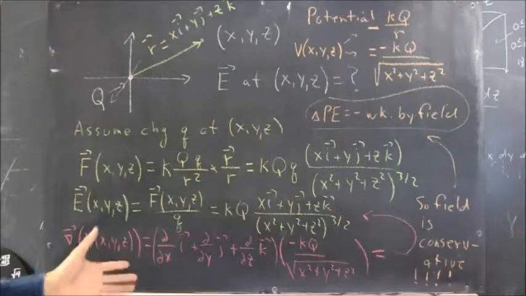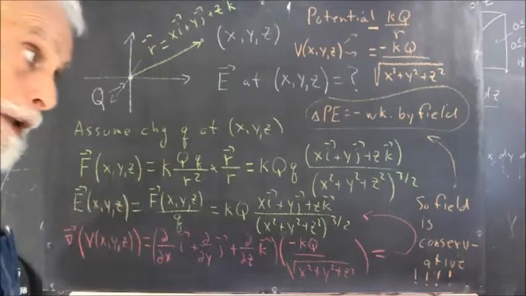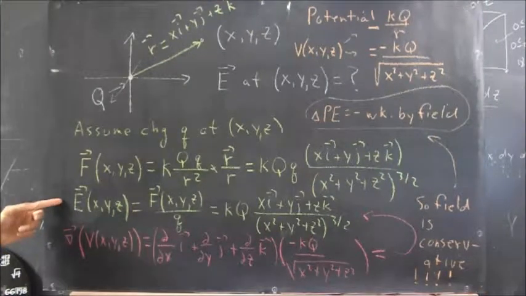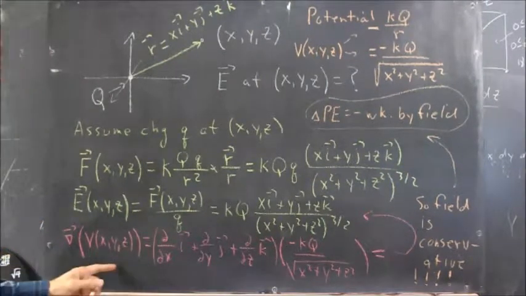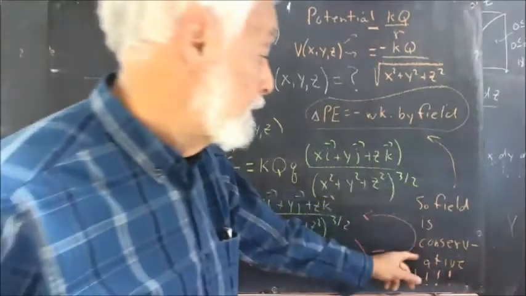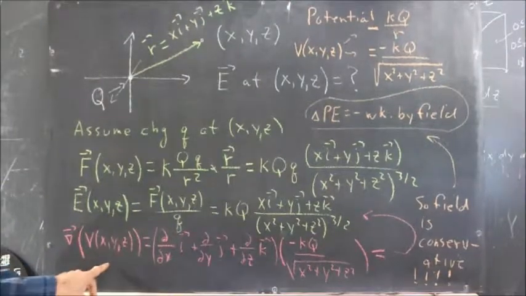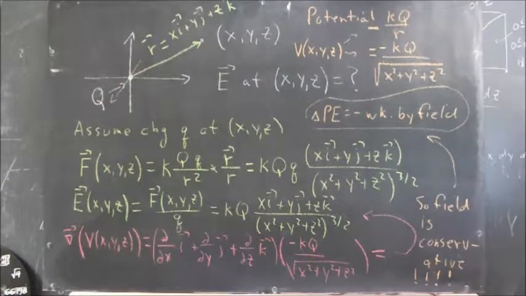Well, what does that mean? Again, quoting your multivariable calculus, if a field is a gradient of a potential function, then the field is conservative. Well, this field is a gradient of this function, making this a potential function for the field.